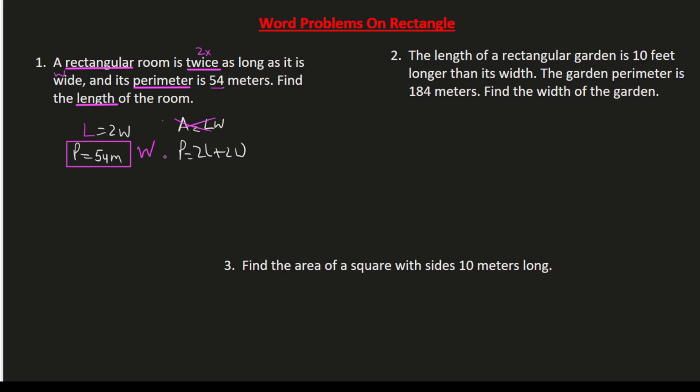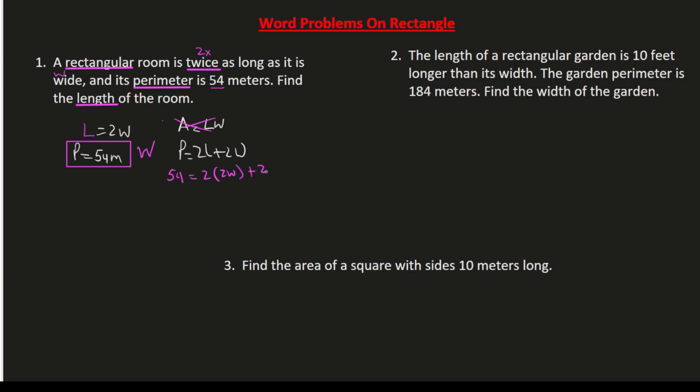All right, so since we get P, we are going to plug the value of P over here. P is equal to 54 meters, so we're going to put 54 here, is equal to 2L, but L is equal to twice the width, so 2W, plus this 2W.